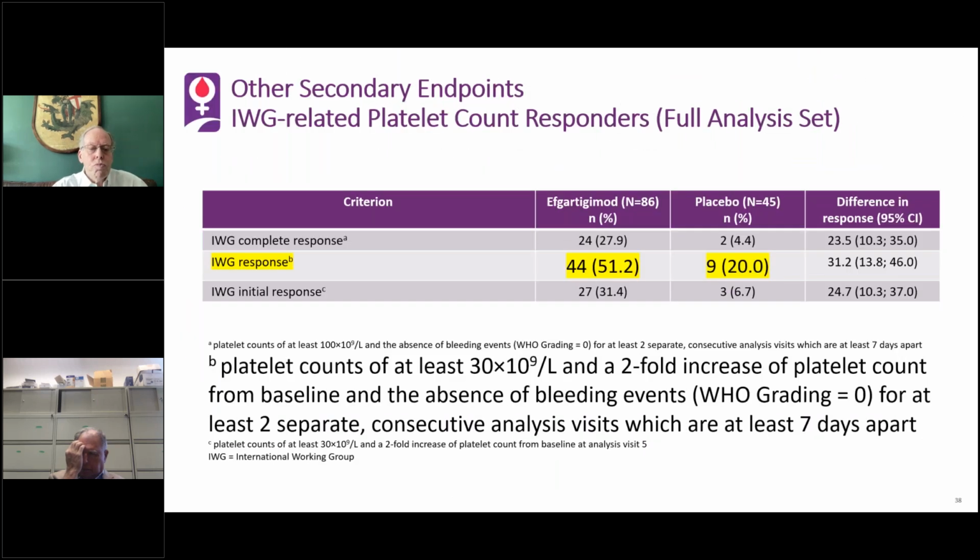And in the secondary endpoints, the International Working Group platelet count response was achieved by 51% in the 86 on efgartigimod compared to 9 or 20% in those on placebo.